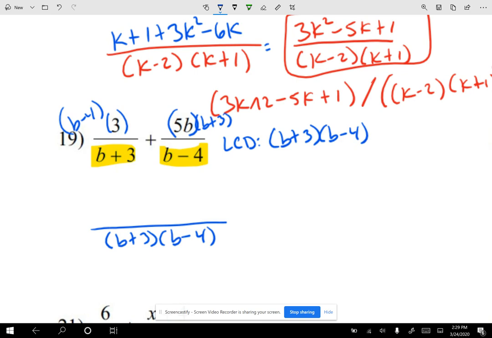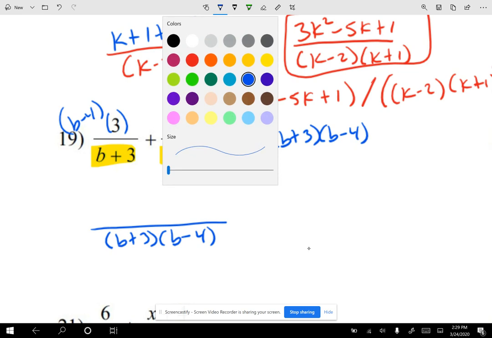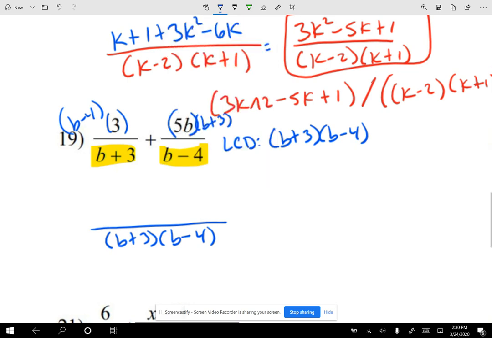All right, so looking at my first fraction, let me multiply my two parentheses. That's going to give me 3b minus 12. Looking at the second fraction, let me multiply my two parentheses. So that gives me plus 5b to the second plus 15b.